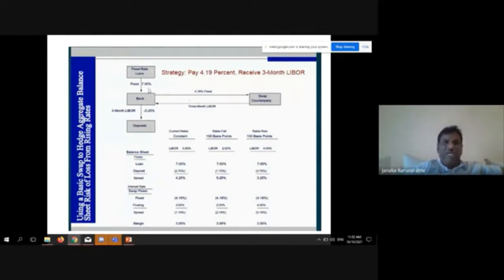My risk is, if the current LIBOR rate is 5% and it goes up to 8%, a positive spread of 2.25% will end up negative. So that is my risk. That's why I enter into a swap agreement.